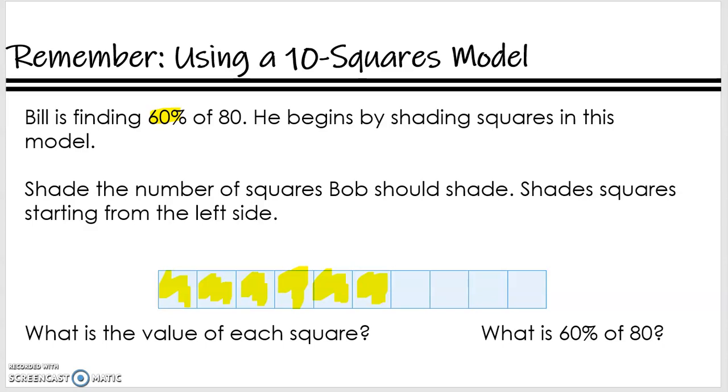What is the value of each square? Okay, so remember for this, we need to figure out how much each square is worth by taking the total, 80, and dividing it by the parts, how many pieces there are in this model. And there are 10 squares, so we're going to divide by 10. That means that each square is worth 8.